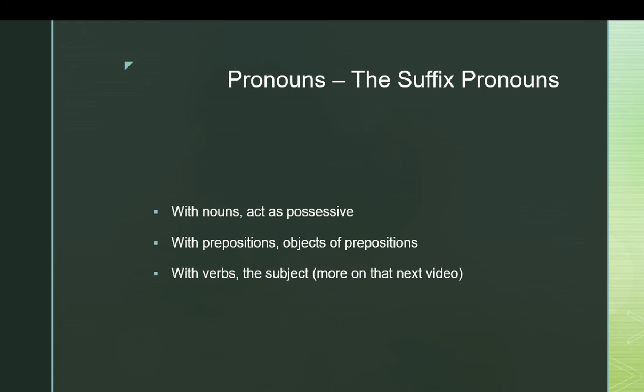The first person singular one, for example, is I, the letter I. So if you wanted to say with me, you'd say chena-i. And then finally, they are the subject of the basic verb. We will have more on that in the next video. Just know that for now. We'll talk about it later.